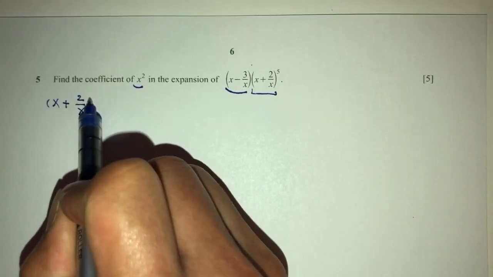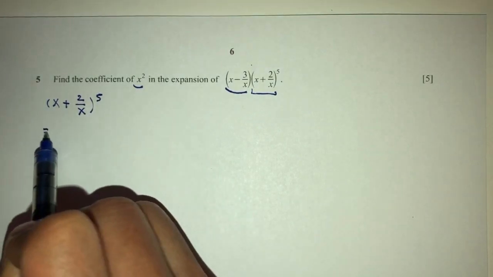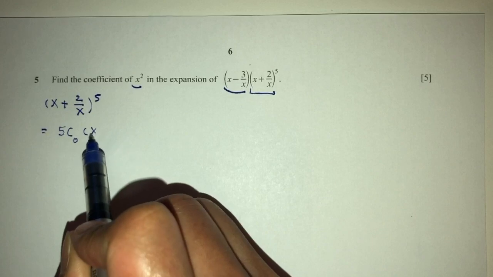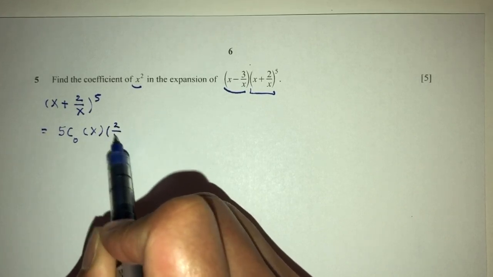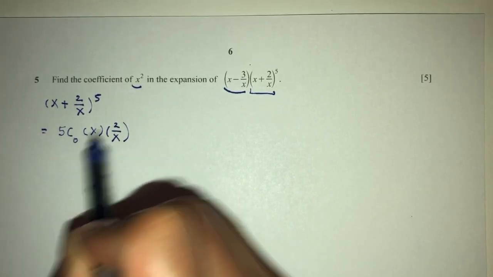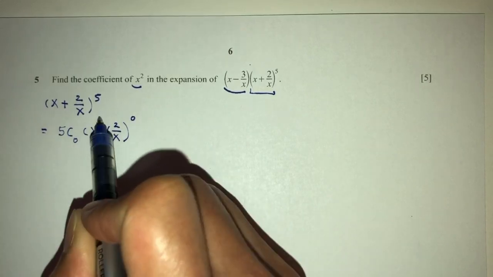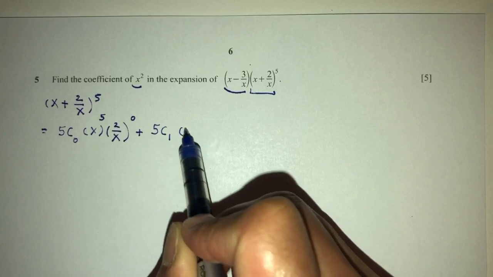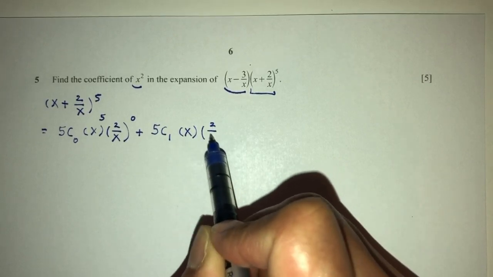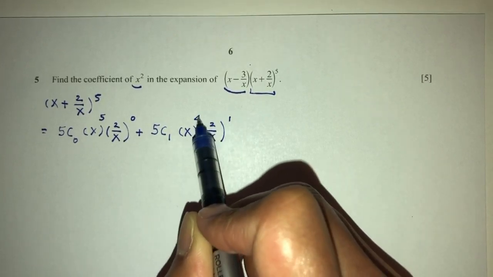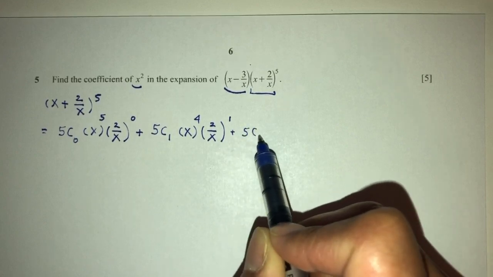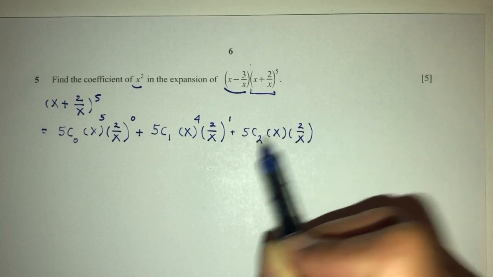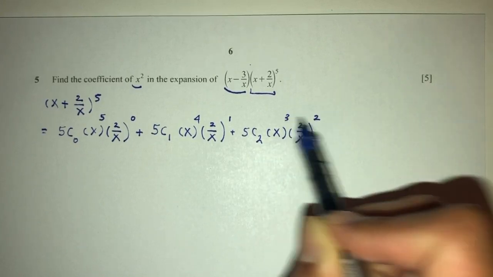x plus 2 over x, power 5. That will be 5 choose 0, the first term is x, and then I have 2 over x. If this is 0, that will be 0, and 5 minus 0 is 5. And then we have 5 choose 1, that'll be x, 2 over x, 1 and 4. 5 choose 2, x, 2 over x, that will be 2 here, 3 here.